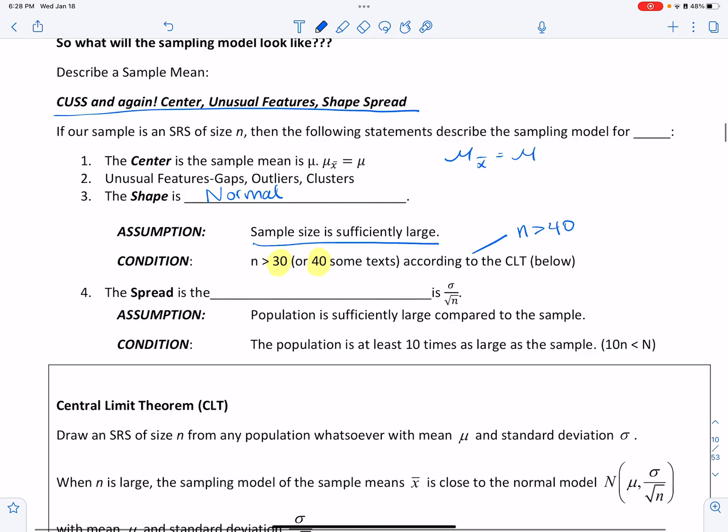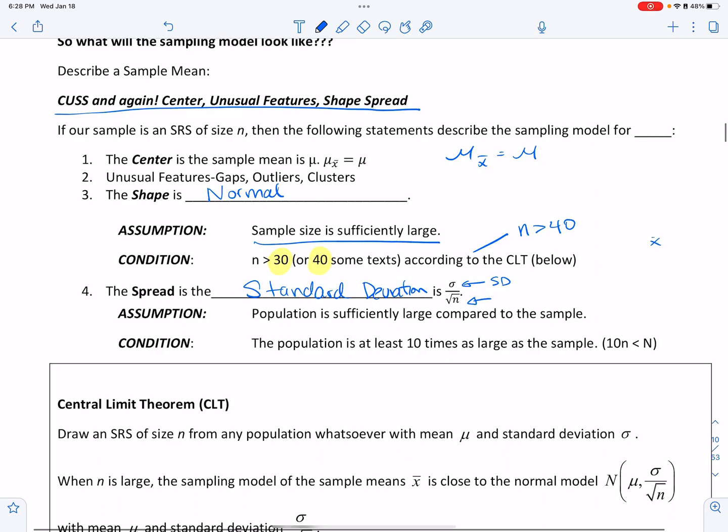My spread is also still the standard deviation, but it has a different formula. Now it is sigma over the square root of n. Sigma, remember, is my population standard deviation. We had S for sample standard deviation and sigma, and this is when I'm using sigma, when we put in our one variable statistics.